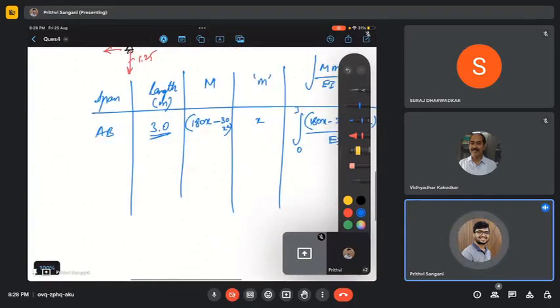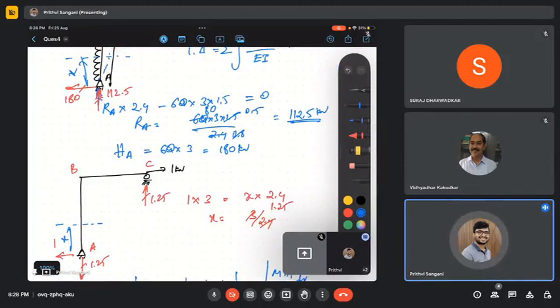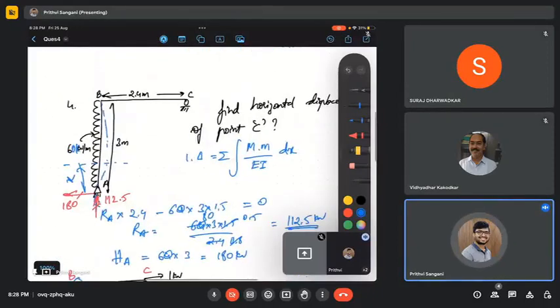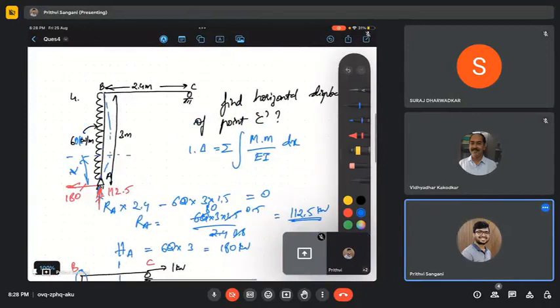Now next BC. I just want to skip finding out my bending moments or shear forces here. Instead, I'll take from C, from this side.